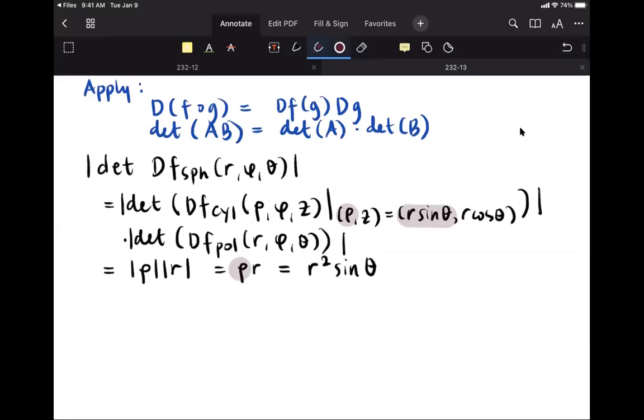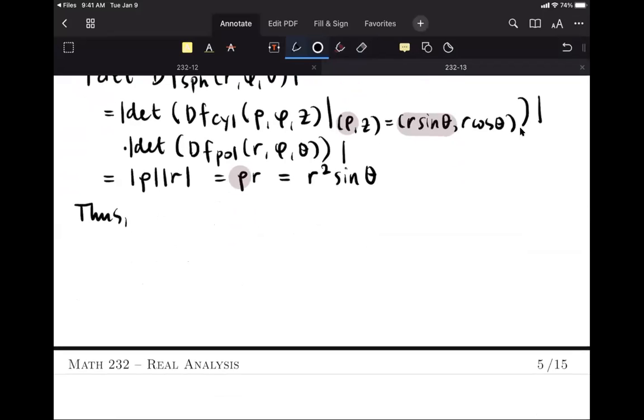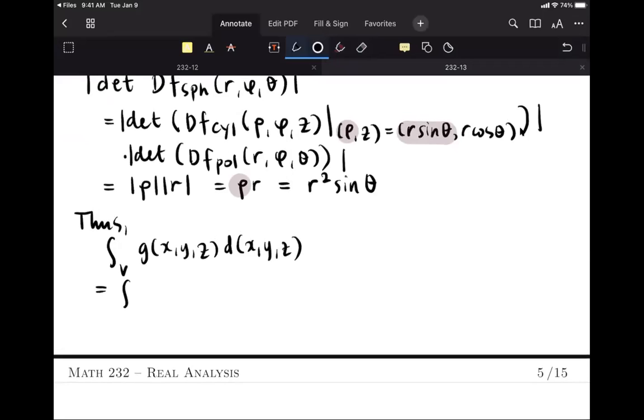Hence, with this, we can now write the formula for the spherical coordinates. It is given by the following equation.